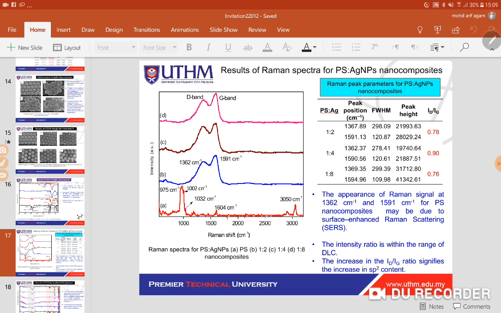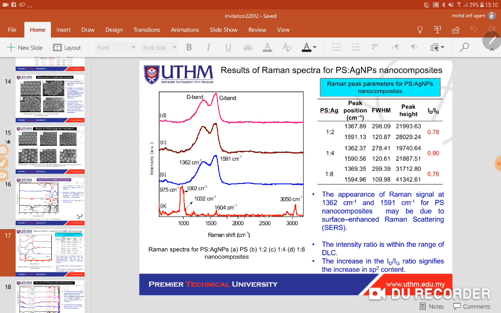If we investigate it with Raman spectroscopy of the polystyrene argentum nanoparticles, the lower part is just polystyrene. You can see that the D band and G band don't show much here. The D band and G band show molecular restructuring.